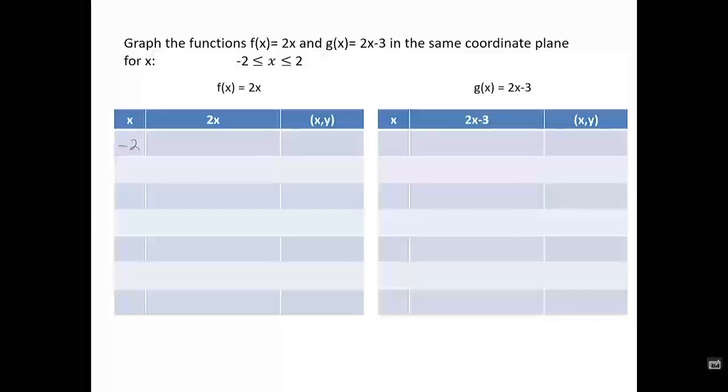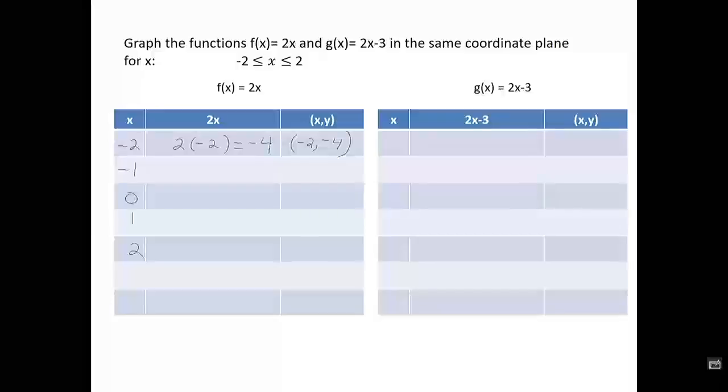When x is negative 2, 2x is 2 times negative 2, which is negative 4, so the ordered pair is negative 2, negative 4. The next x value is negative 1.